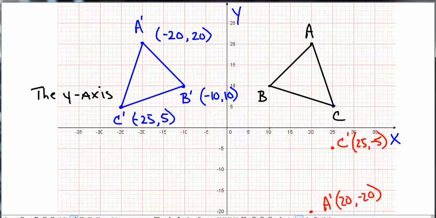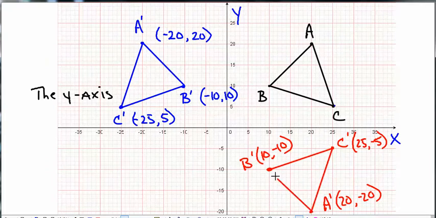And B prime, which is at 10, 10, is going to be at 10, -10. Okay, so those are the points reflected individually, and then if you connect them, you've reflected the whole shape. Okay, simple enough? All right.